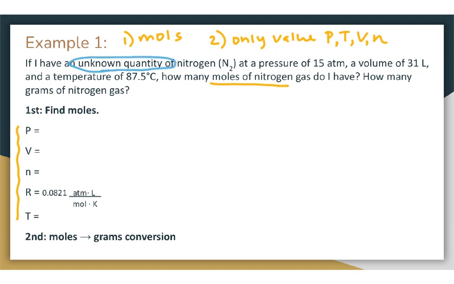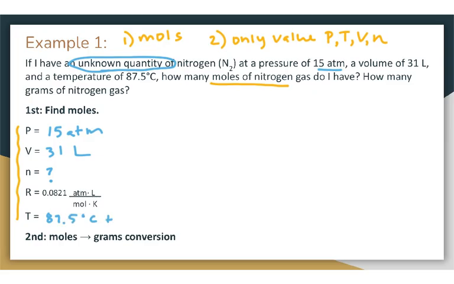So going through my problem again and looking at what I'm given, I have an unknown quantity. Quantity is going to be how many moles do we have? That's our N value, our new variable in this ideal gas law. So that's what I'm looking for. At a pressure of 15 atm, a volume of 31 liters, and a temperature of 87.5 degrees Celsius.